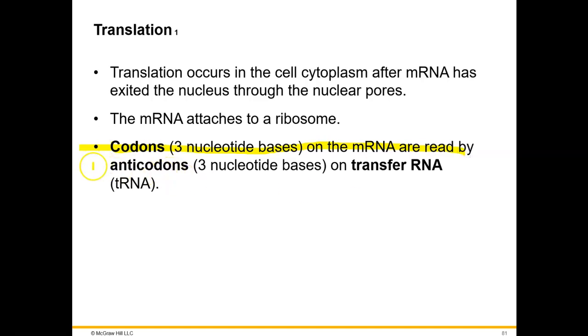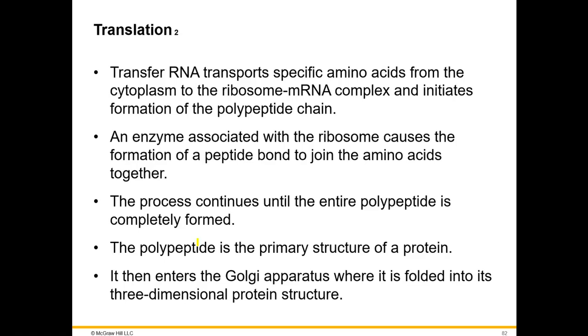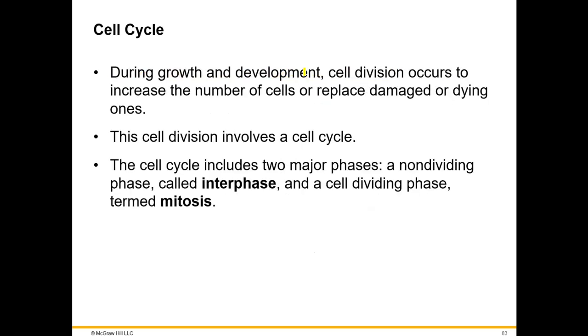And then there is a molecule called transfer RNA that has an anticodon, which is complementary to the codon on the messenger RNA. So that transfer RNA pairs up with the messenger RNA, specifically at the place where that amino acid belongs, because a transfer RNA transports amino acids to the ribosome and the messenger RNA.